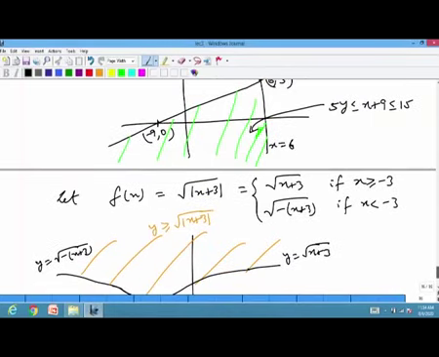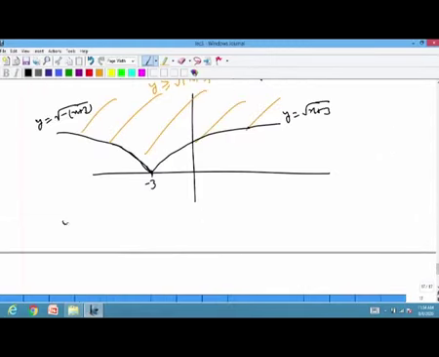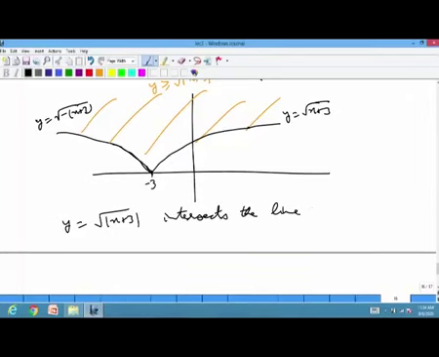Let us also see where this curve intersects the line. So, y equal to square root of mod x plus 3 intersects the line x equal to 6 at, if we put x equal to 6, then y is equal to 3.